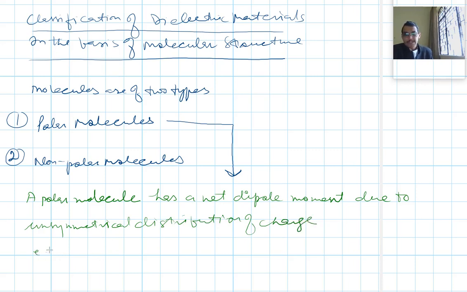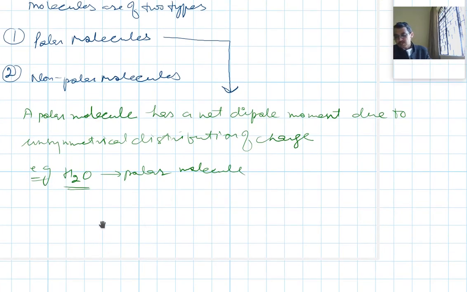For example, the water molecule is an example of a polar molecule. Let us see how the water molecule is a polar molecule.